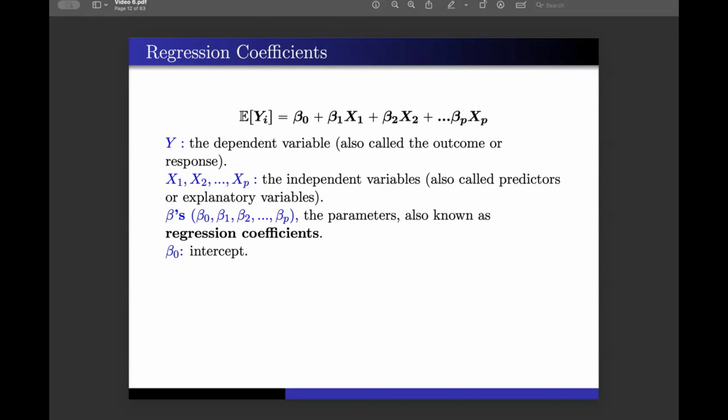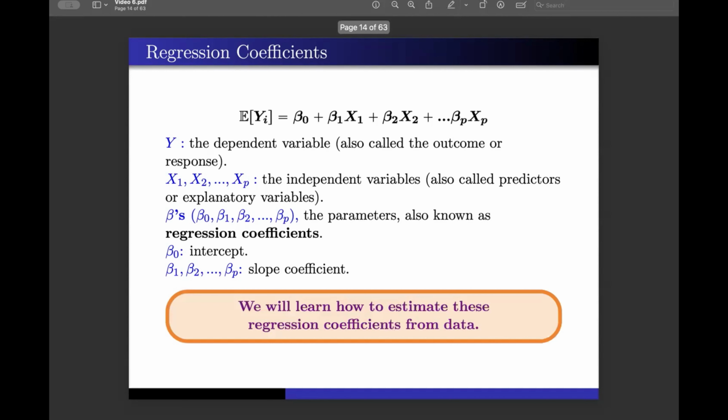It is the beta which does not have any independent variable in multiplication. And all the other betas that have an independent variable multiplied with them are called slope coefficients. Here beta 1, beta 2 till beta p are slope coefficients.